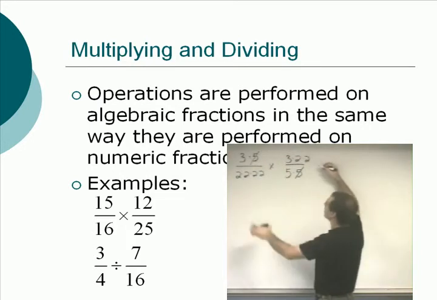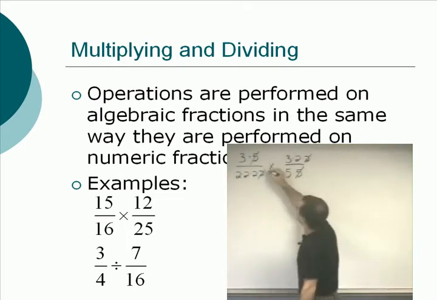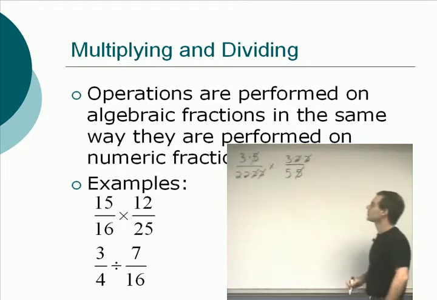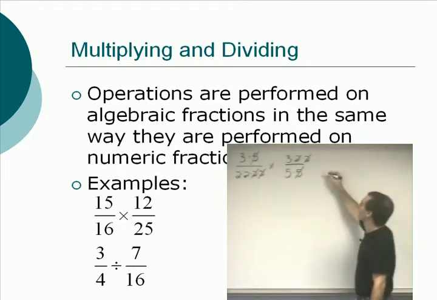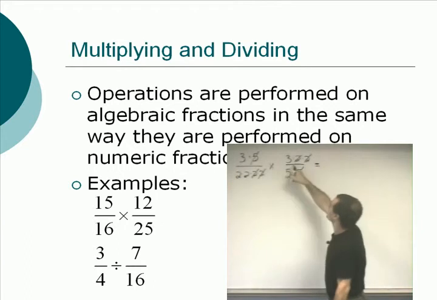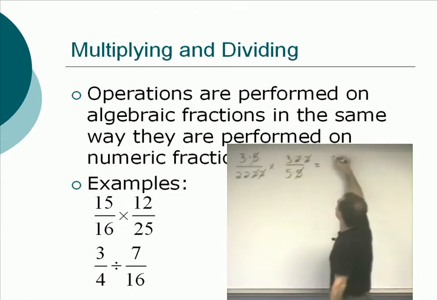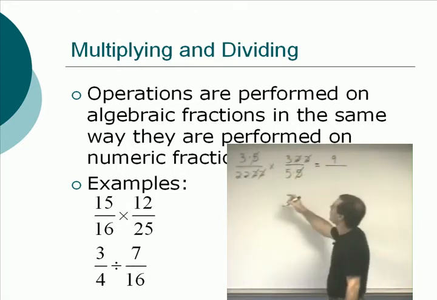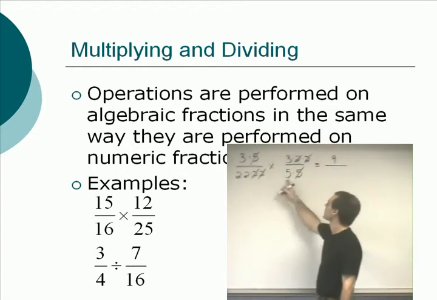So after you've factored it, you cancel out common factors. We can get rid of a pair of 2s, or in other words, 4 out of each of those. And now what we're left with is 3 times 3, which is 9, over 2 times 2 times 5, which is 20.